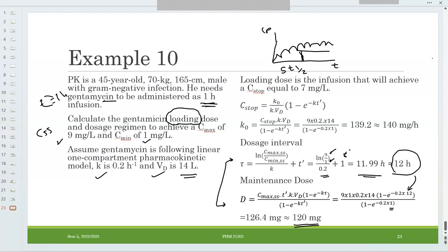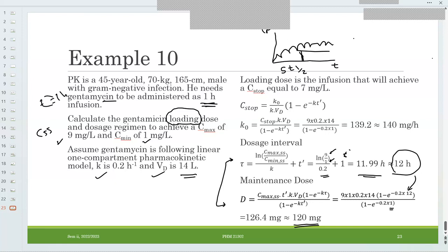So in this case, for the first infusion, I need to give a larger dose. Decide whether you want to give it as infusion or as IV bolus dose. If it is specified in the problem, then we use the equation according to the dosing method. If not specified, just make it easy and follow the same dosing method.